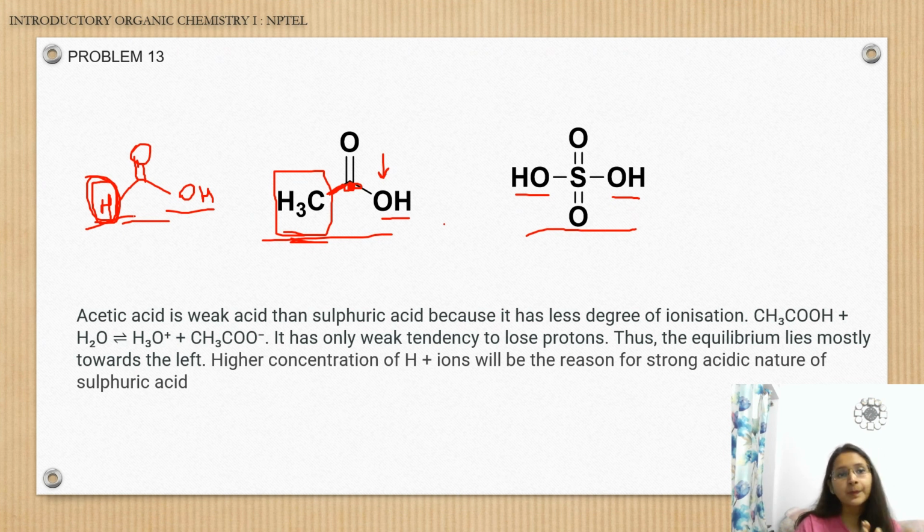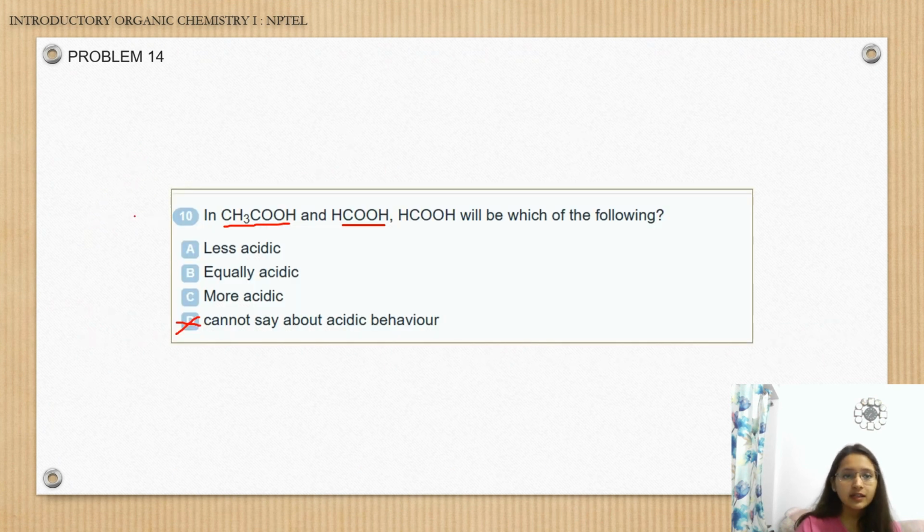So formic acid will be more acidic than acetic acid. Fine. So is it clear why it is more acidic?